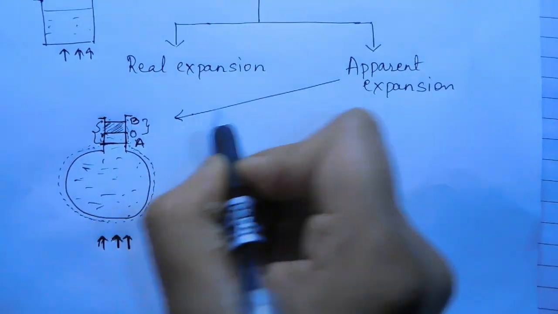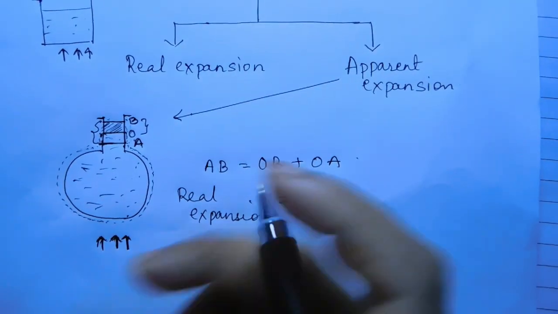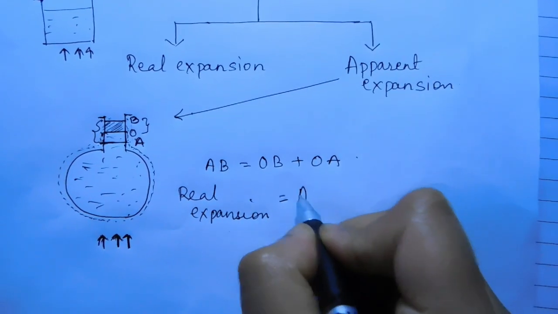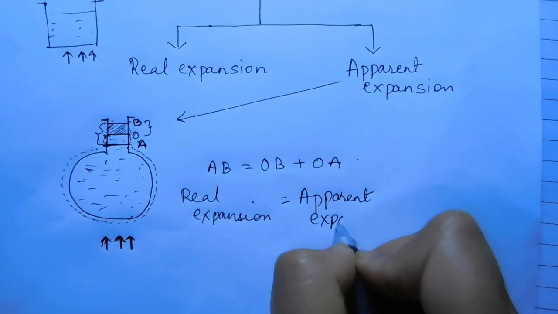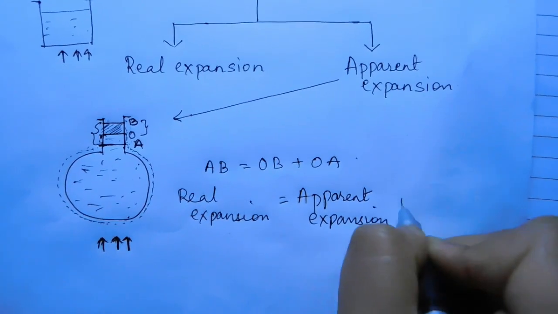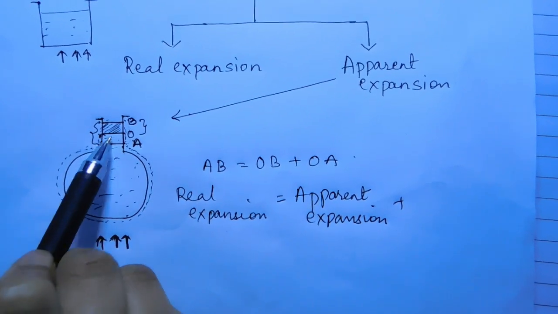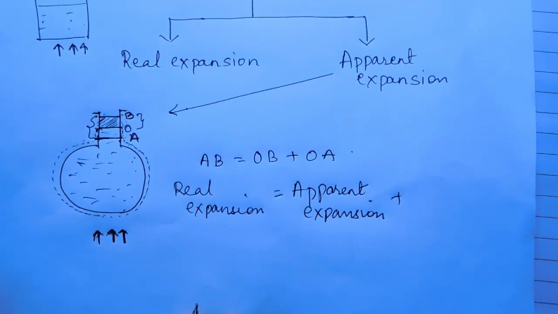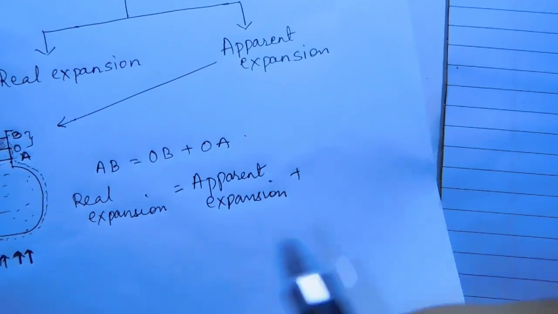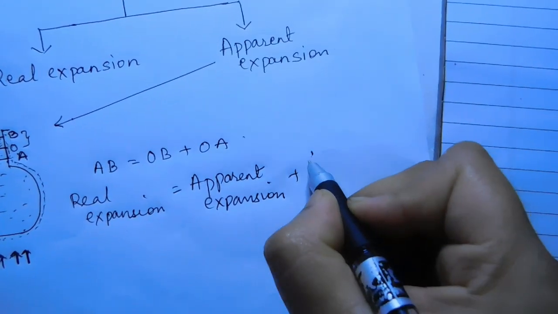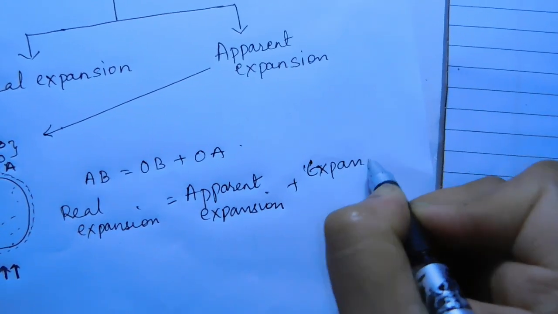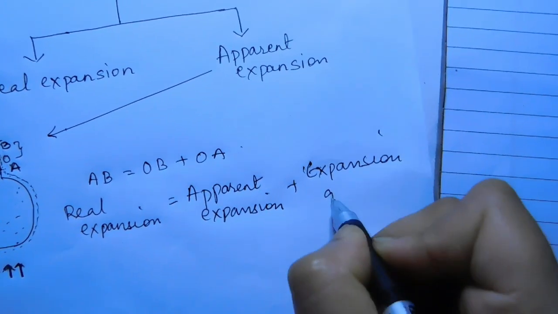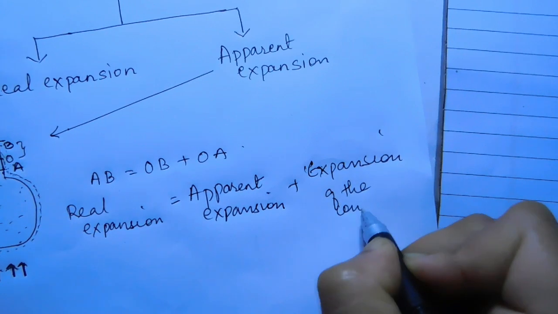This portion OB is the apparent expansion, which is seen by us, plus OA. OA, this volume, is the expansion of the vessel, the expansion of the container.